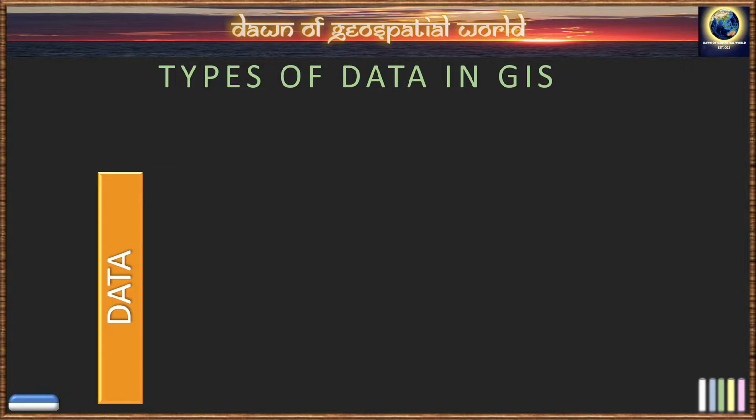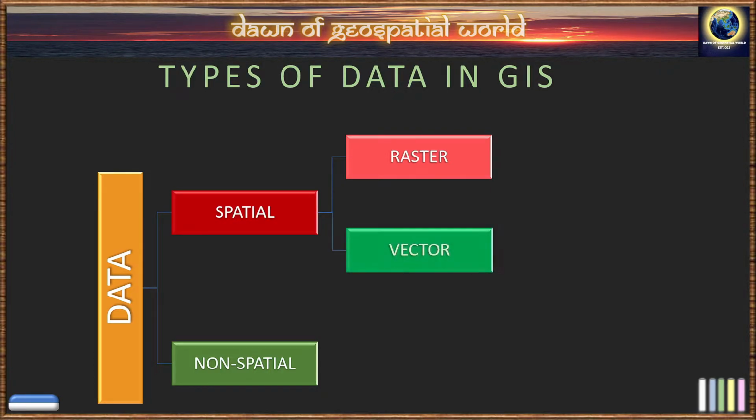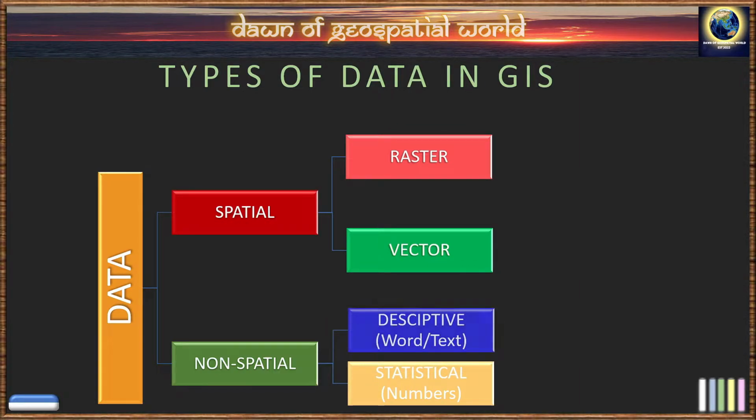Data is mainly divided into two types, spatial data and non-spatial data. Spatial data is categorized into raster data and vector data. Non-spatial data is divided into two types, statistical, which includes numbers, and descriptive, which includes words and text.